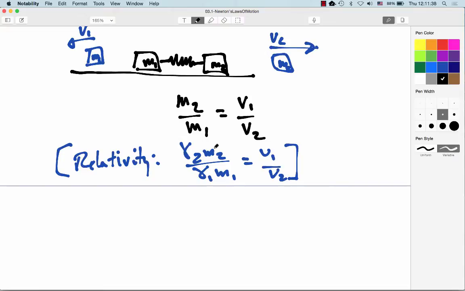Now, in this class, that's not really going to matter. That's because we're going to keep everything at very non-relativistic speeds, so our gammas are basically 1. And so in that case our recoil definition of mass is consistent with the definition of inertial mass.